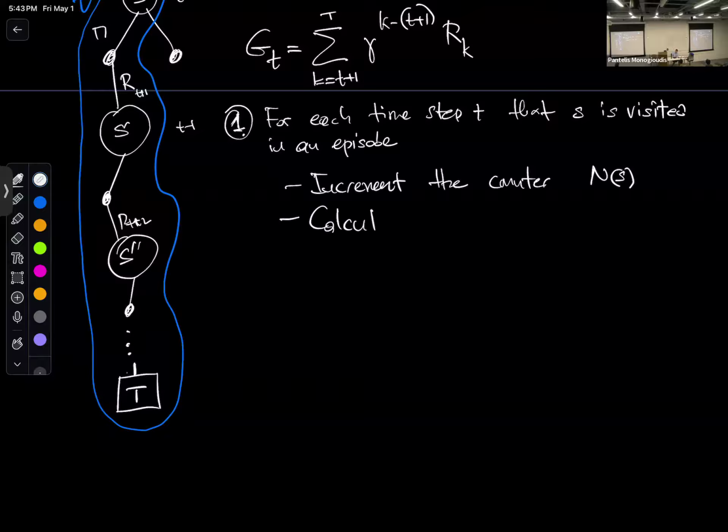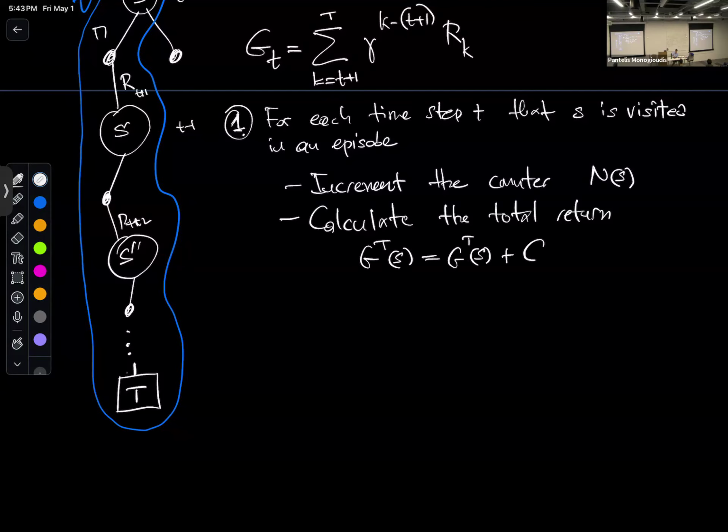Calculate the total return: G_t of S is equal to G_t of S plus G_t. No surprise that this is the total return, because I can see the definition of the G_t with small letter t.